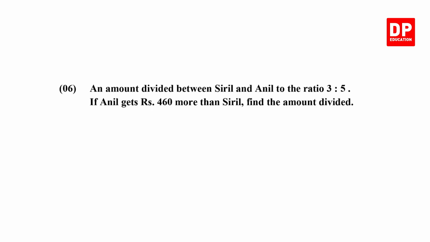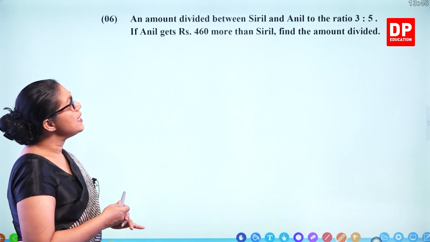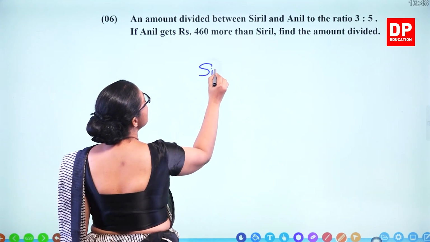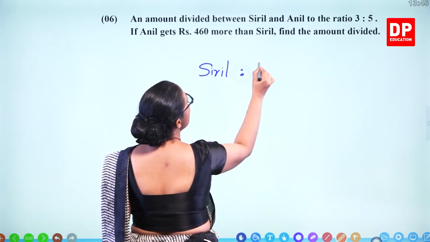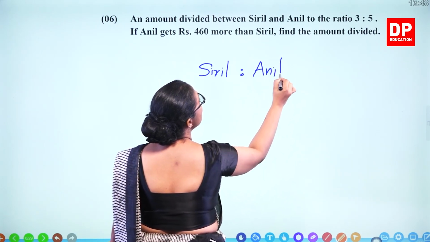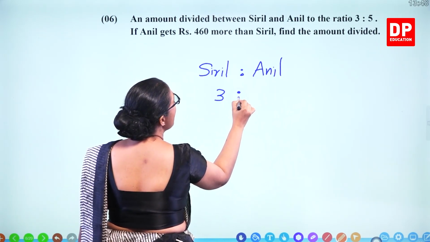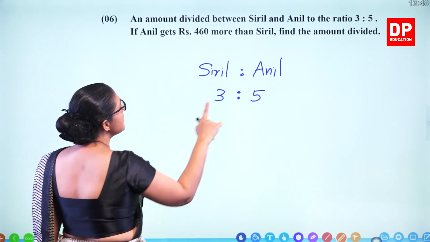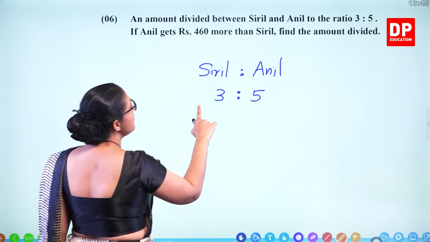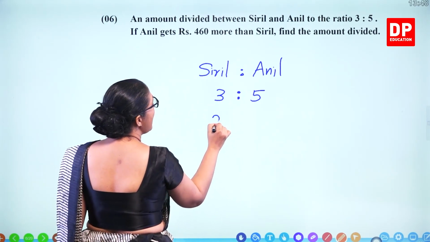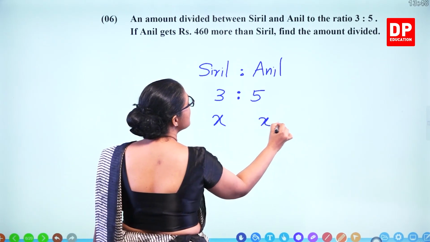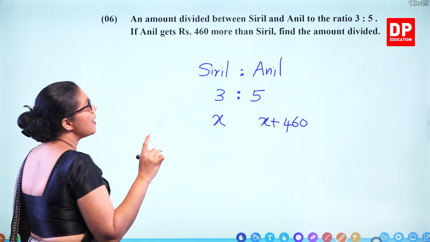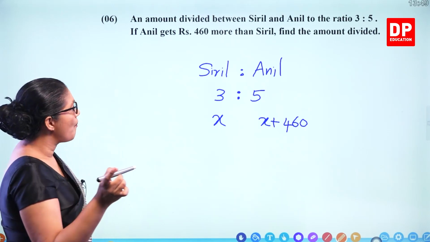Question number 6. An amount is divided between Cyril and Anil in the ratio 3:5. If Anil gets 460 more than Cyril, that means if Cyril has x, Anil has x plus 460. Find the amount divided.